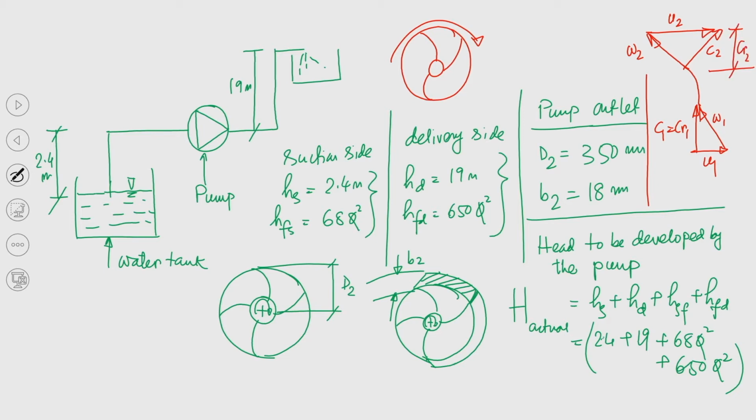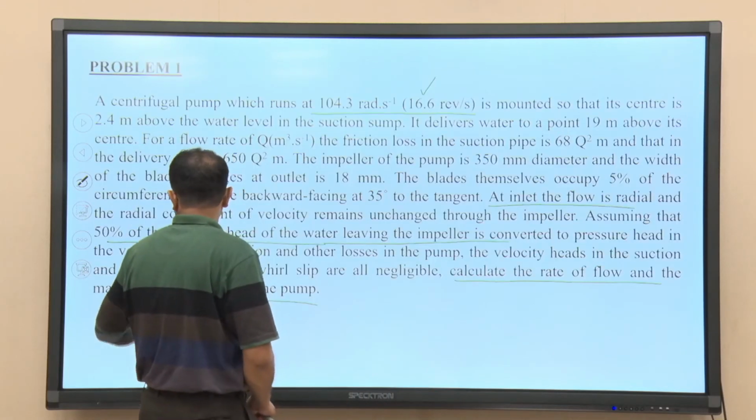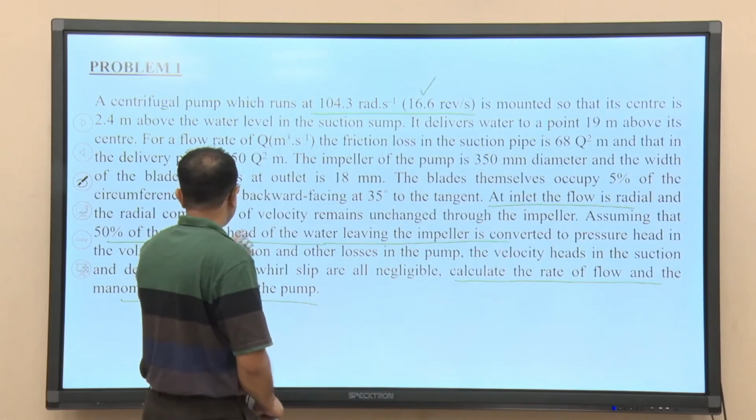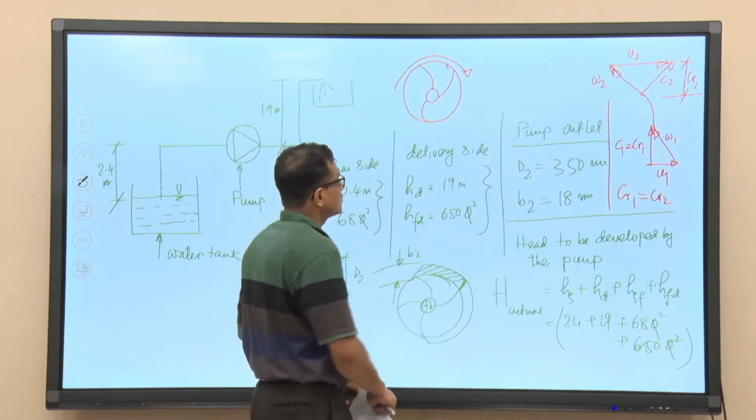It is given that C R 1 equal to C R 2; we are not taking this as an assumption, it is already given in the problem statement that the radial component of velocity remains unchanged. Okay. So, this is important.